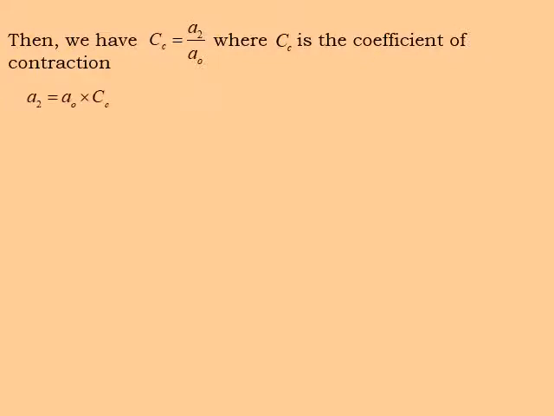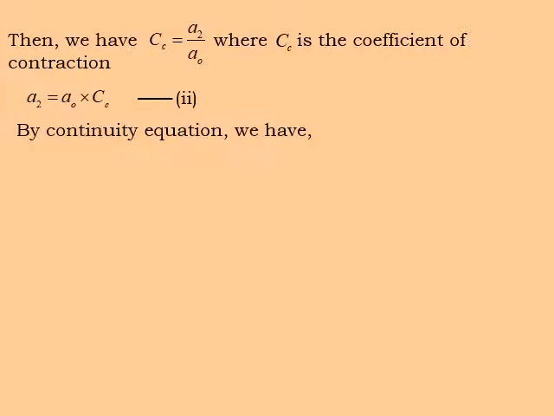So A2 is equal to A0 into Cc. That is equation number 2.